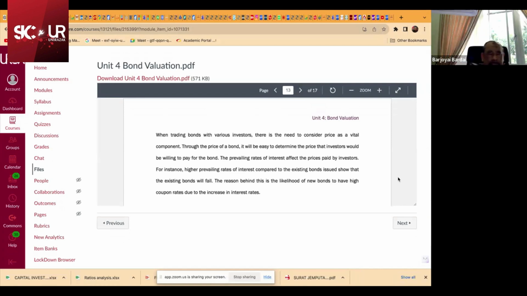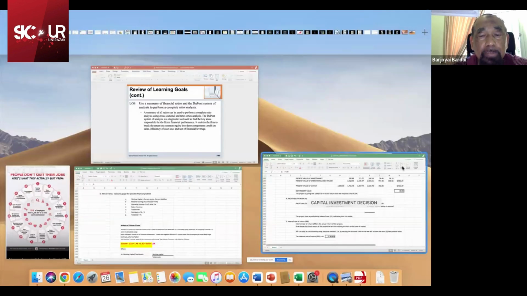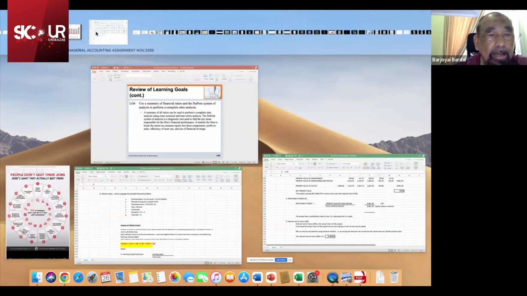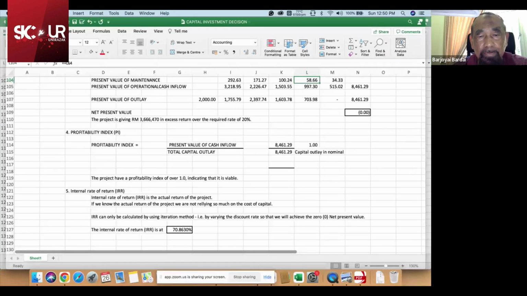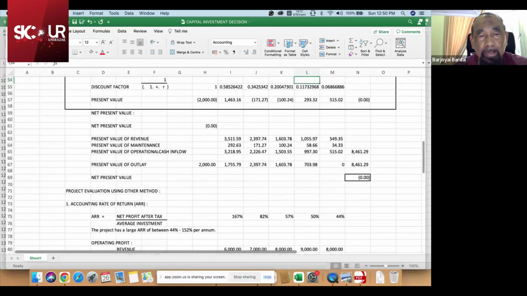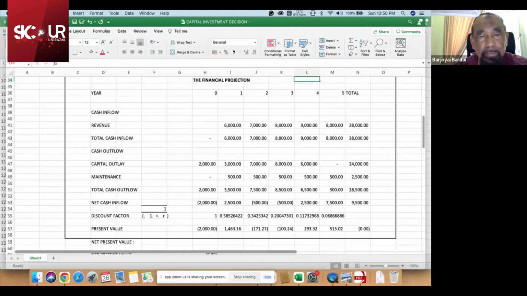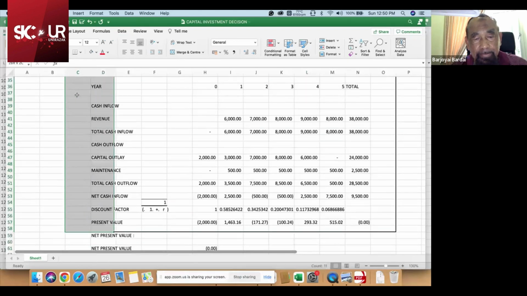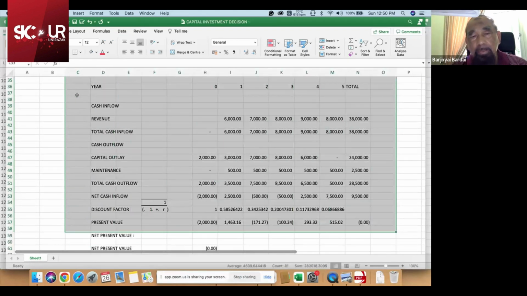So, for example, if we go back to our present value analysis here, this is the template that we need. So we can copy this template.